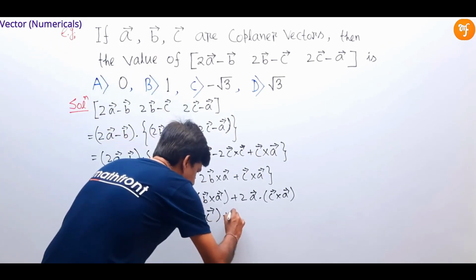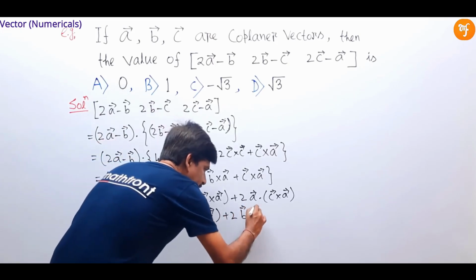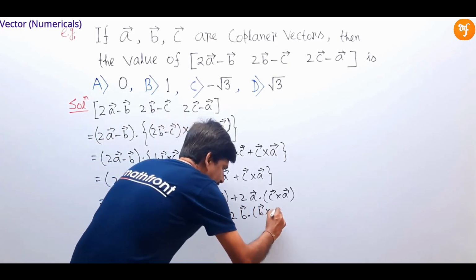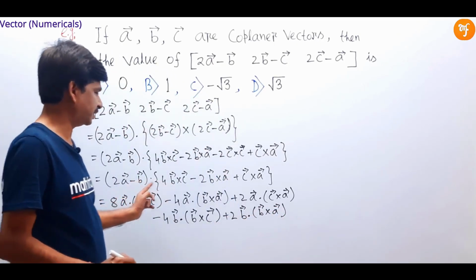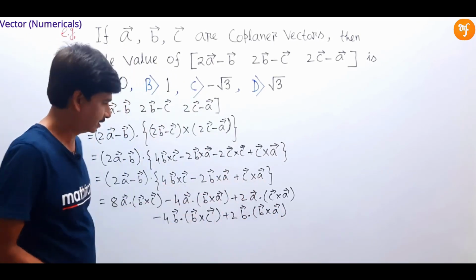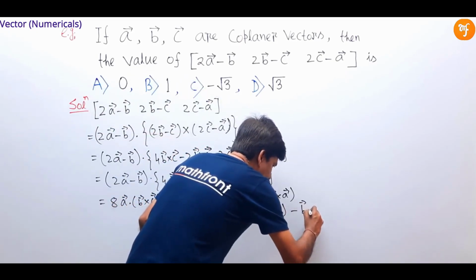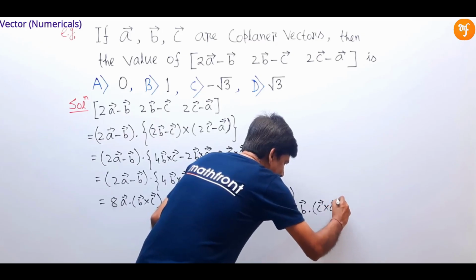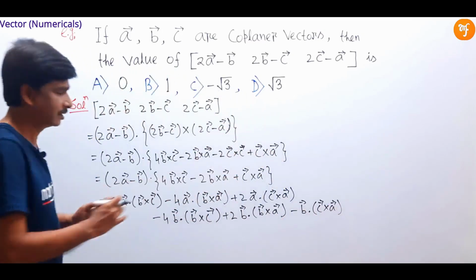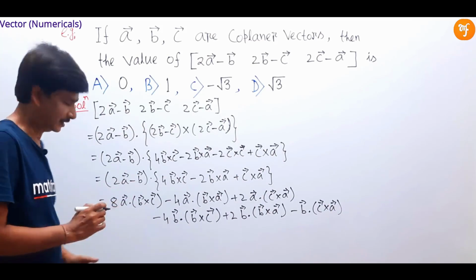So plus 2 into b dot b cross a. Clear? Okay. And the last one is minus b dot c cross a. So minus b dot c cross a. So we open it in the maximum way. Now let's simplify this.